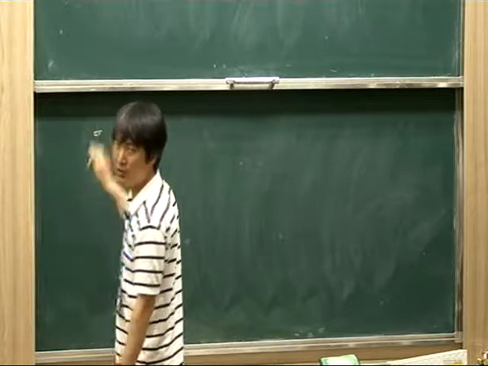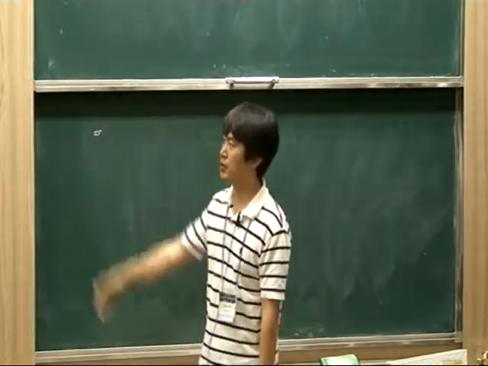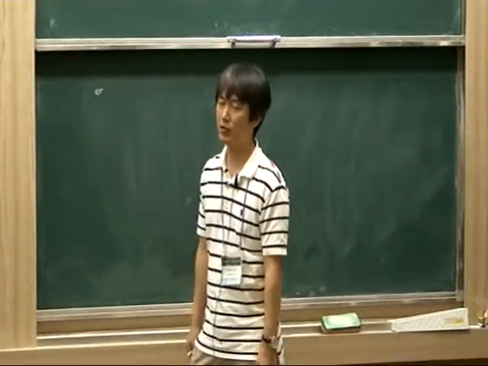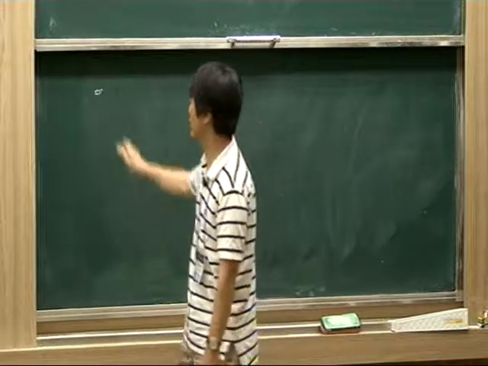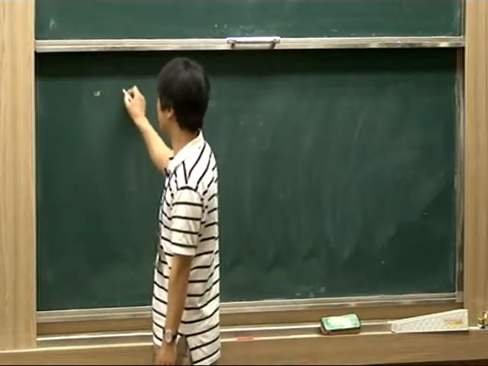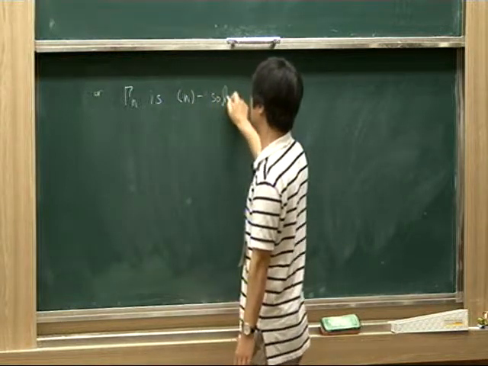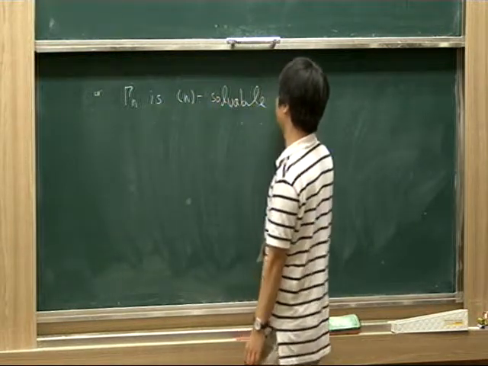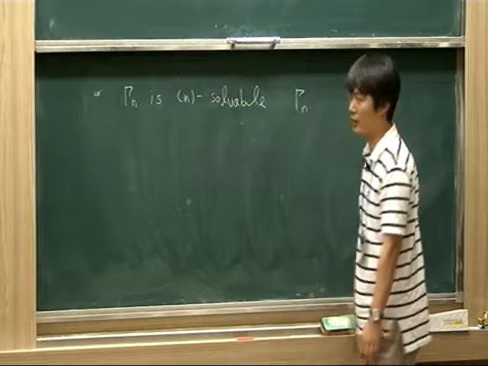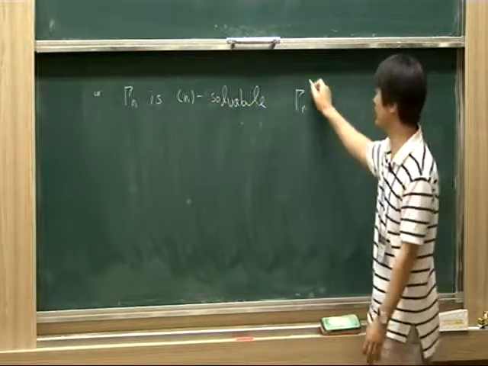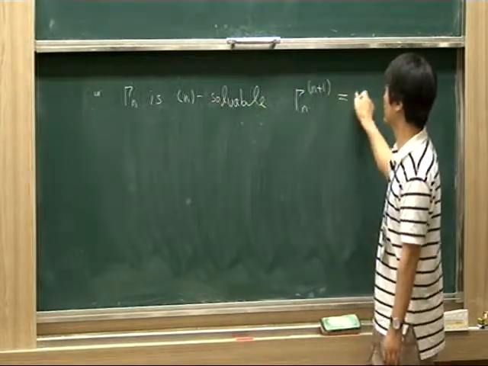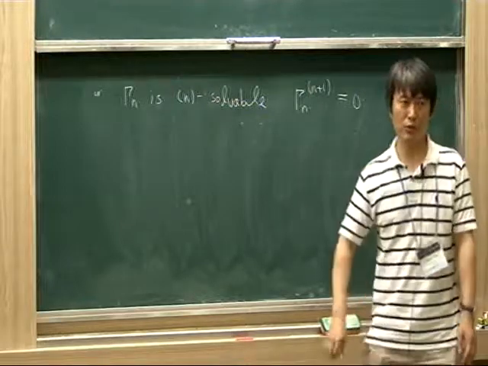let me give you a list of properties of these target groups and representations. First, gamma n is n-solvable. That means the n plus first derived subgroup of gamma n is 0.